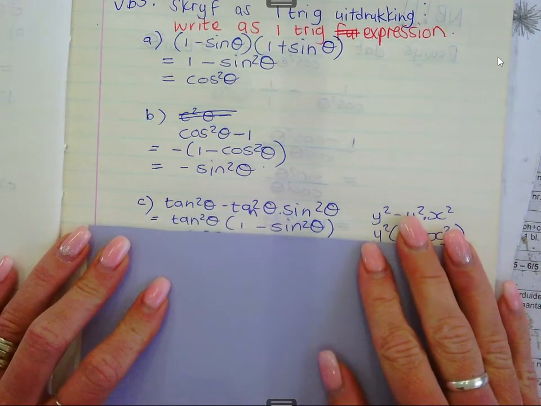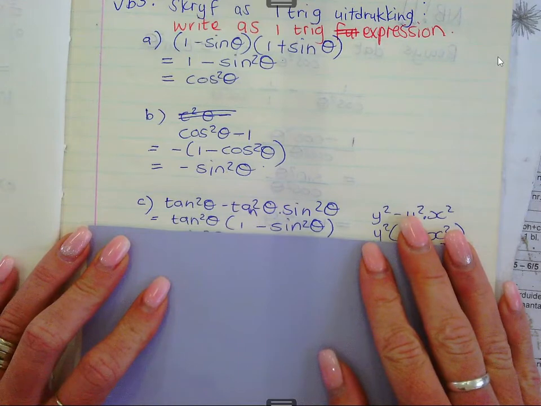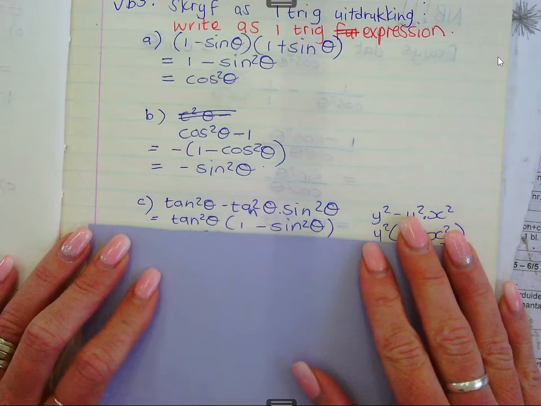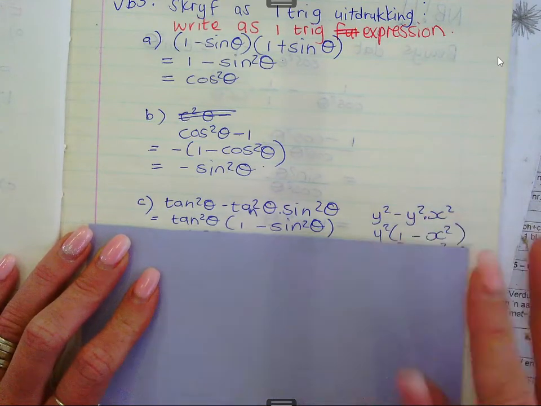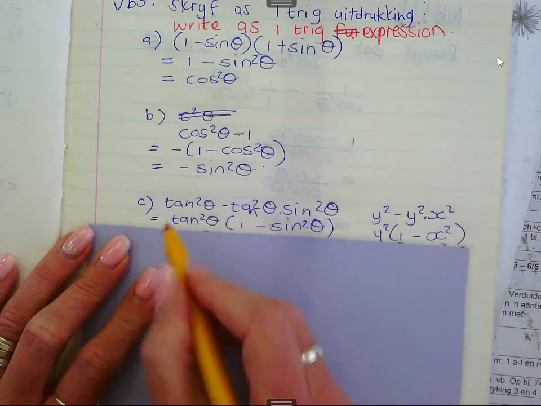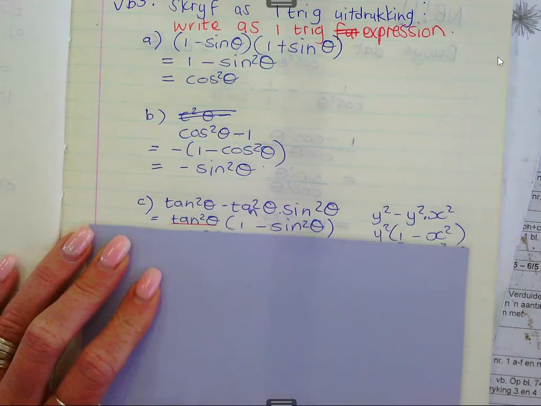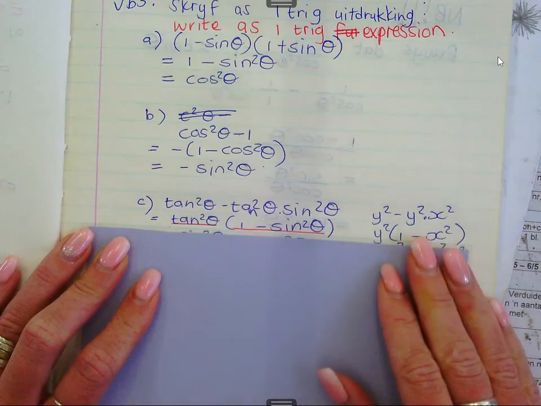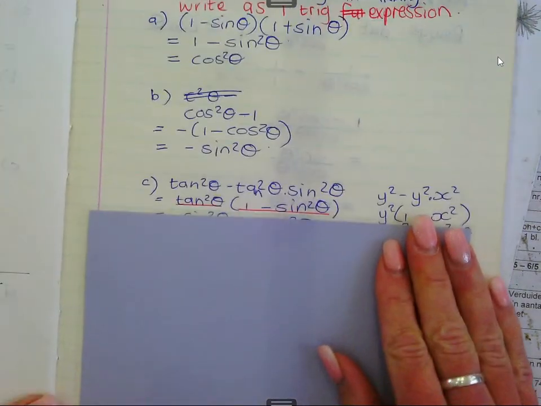Then it looks like this, tan squared and 1 minus sin squared. Did you do that? Yes. Now I can change tan and I can change 1 minus sin. What can I change tan into?